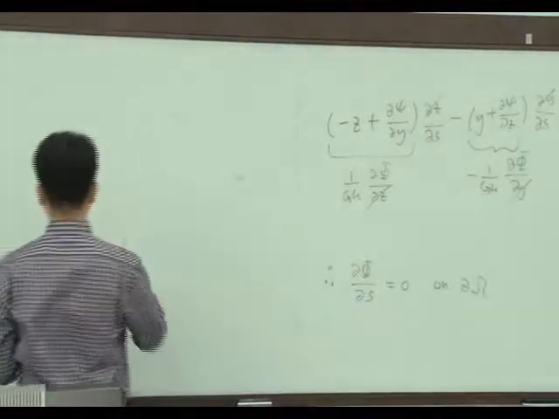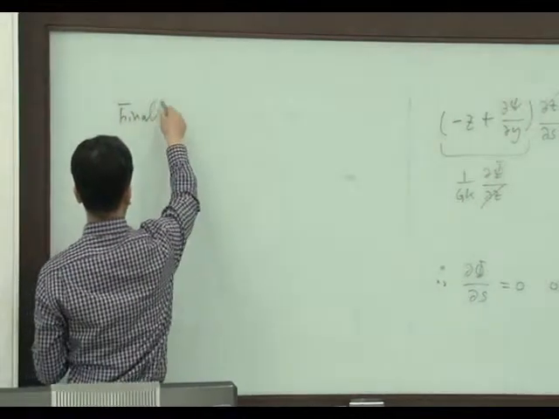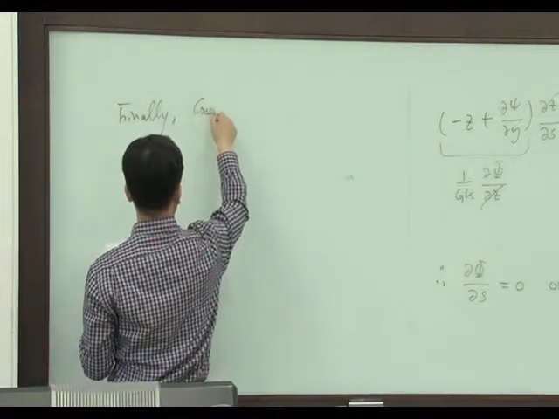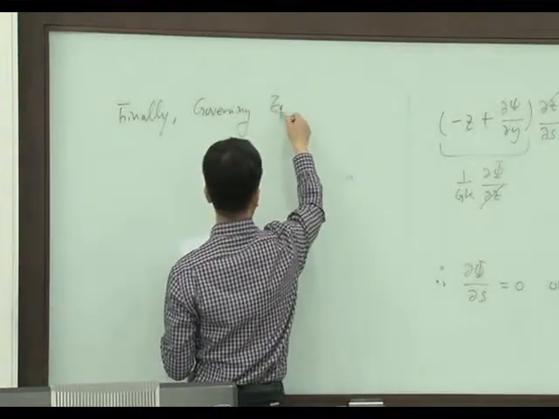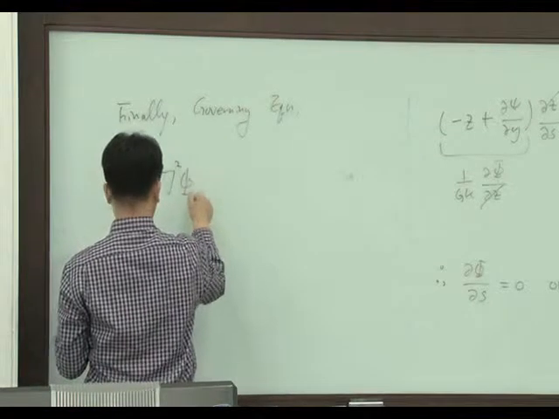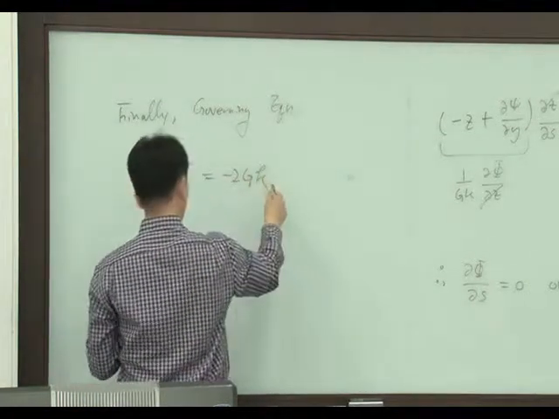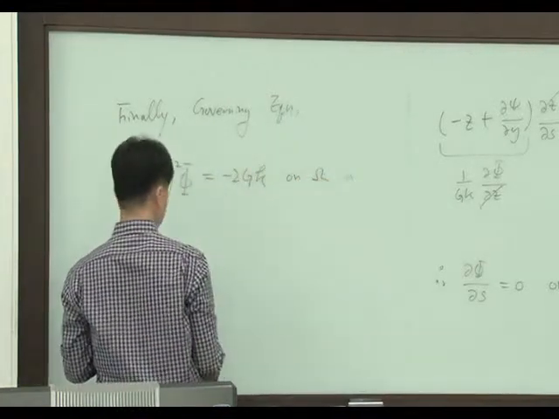So governing equation become, finally, governing equation become minus 2gk on the domain.